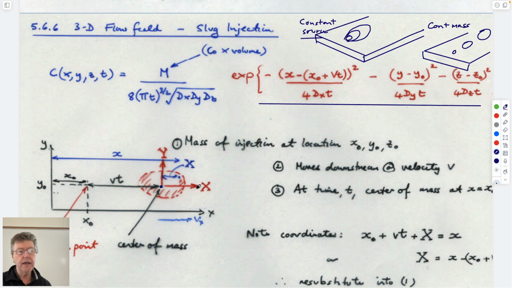So if we use x to be the direction of flow, so this would be the advective velocity. By definition, if that's the principal velocity, then v y advective is equal to v z advective, which is equal to 0, right?